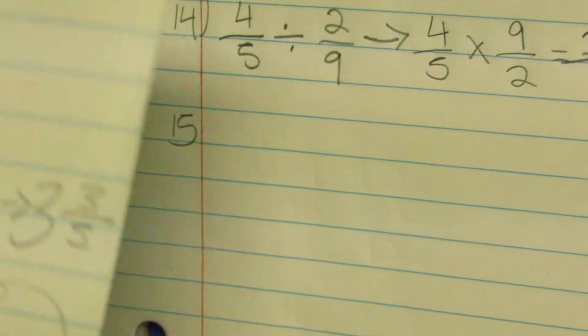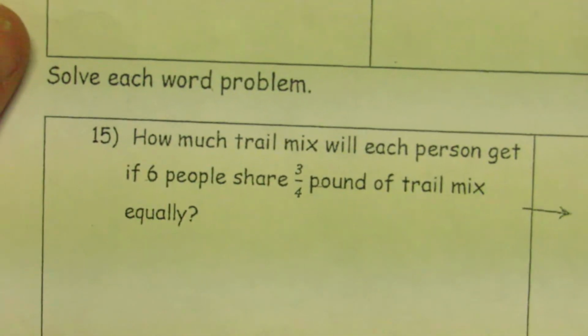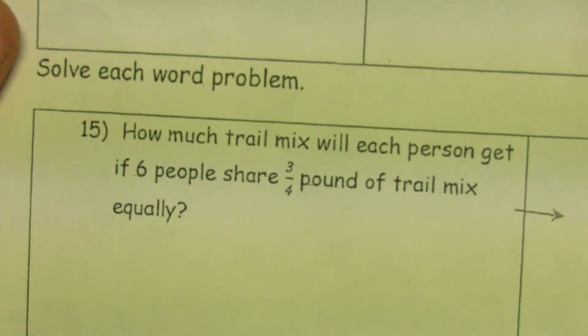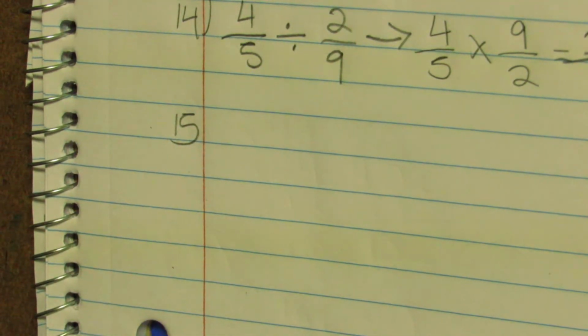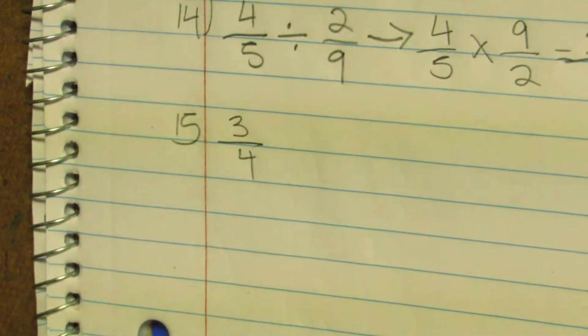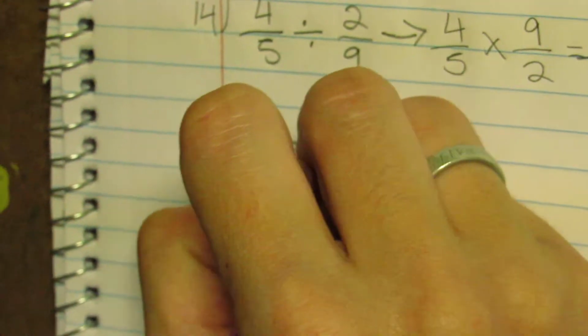Number 15 reads, how much trail mix will each person get if 6 people share 3/4 of a pound of trail mix equally? Now, the way you set that up is 3/4 is your dividend, divided by 6 people, which is your divisor, right?